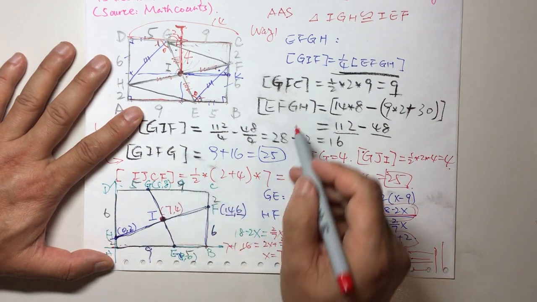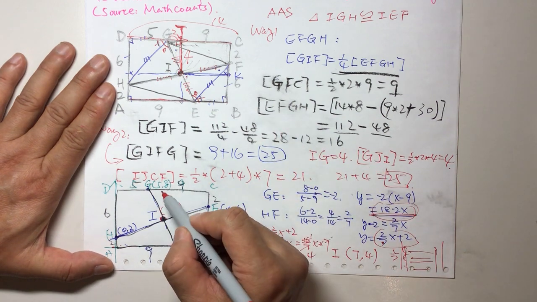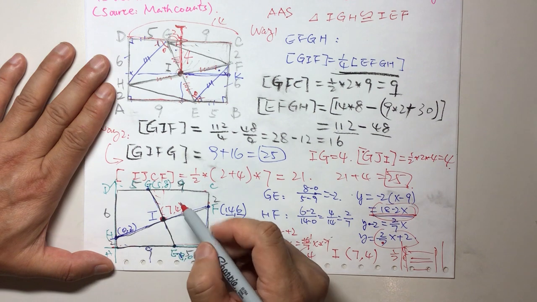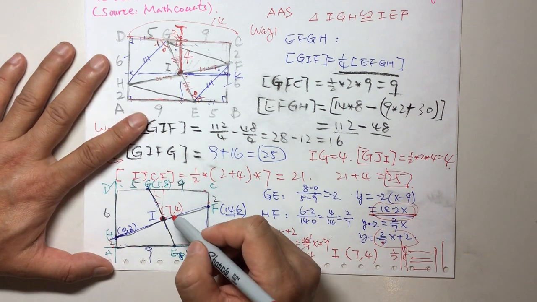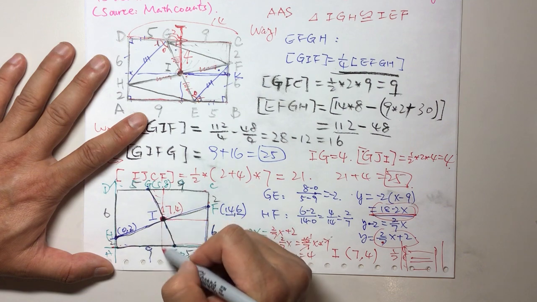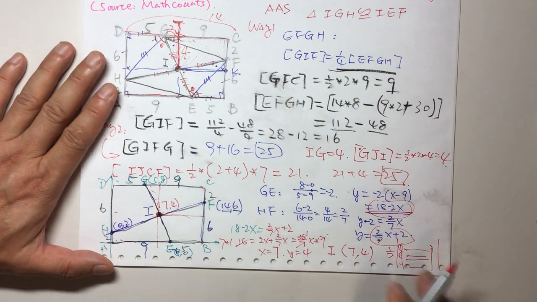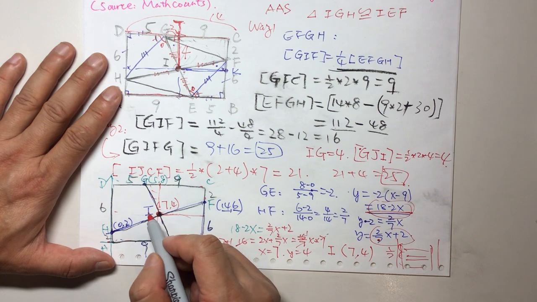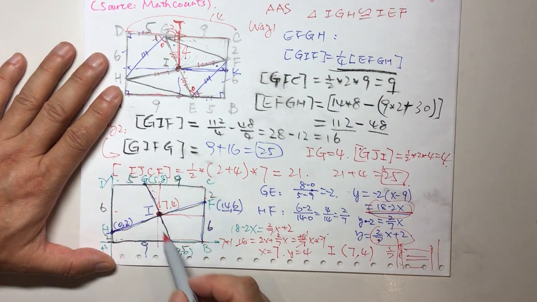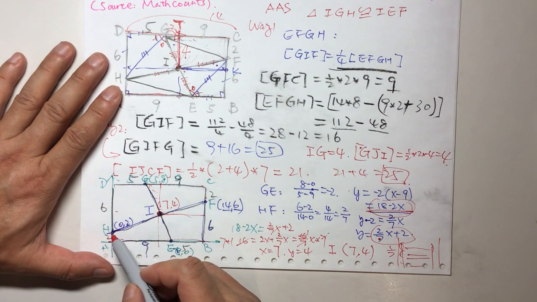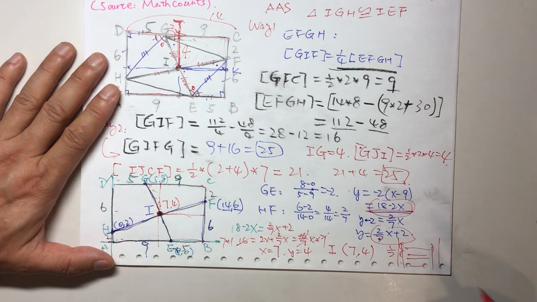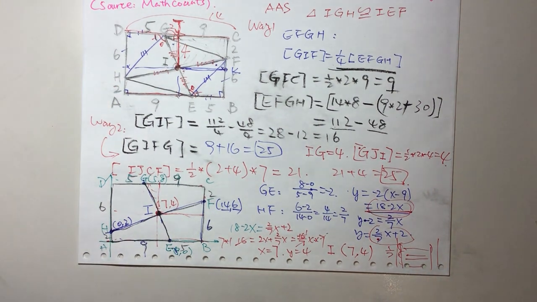We can use the same way we just used here, just find this part plus this trapezoid, or we can use this one and this one, and there are a lot of ways to solve it, even when we know I is the middle point of GE, also the middle point of HF. They bisect these two segments.